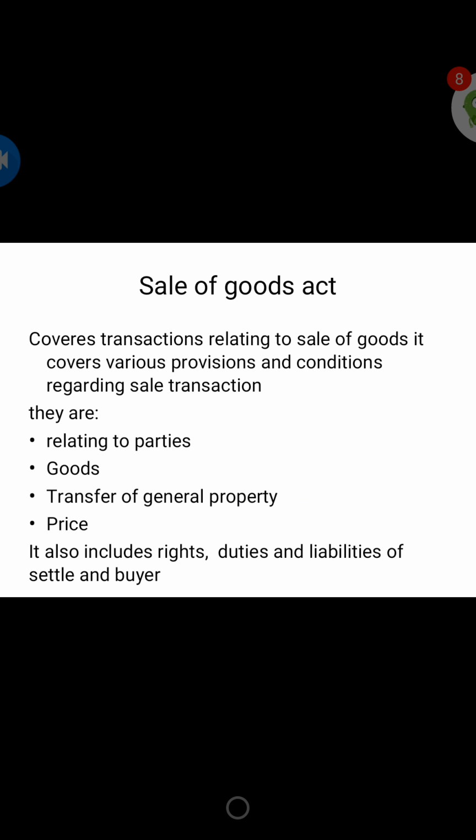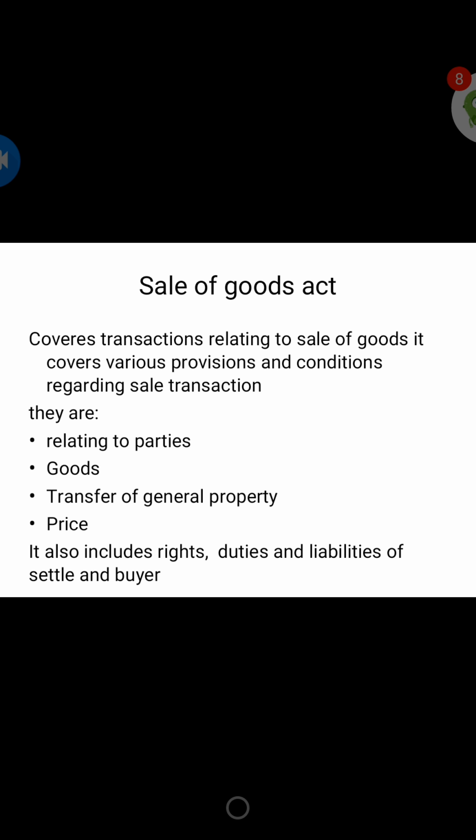This Act covers the transactions relating to the sale of goods. There are various provisions and conditions relating to the transaction. Who are the relating parties?